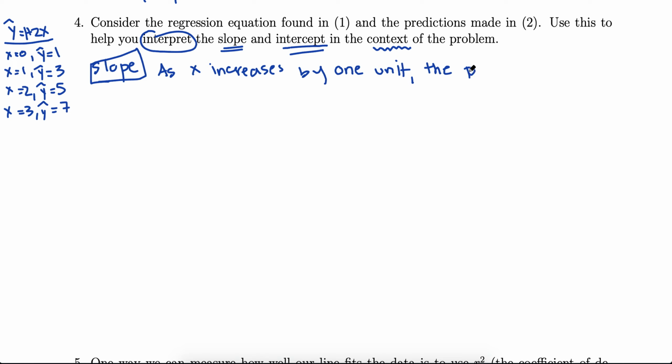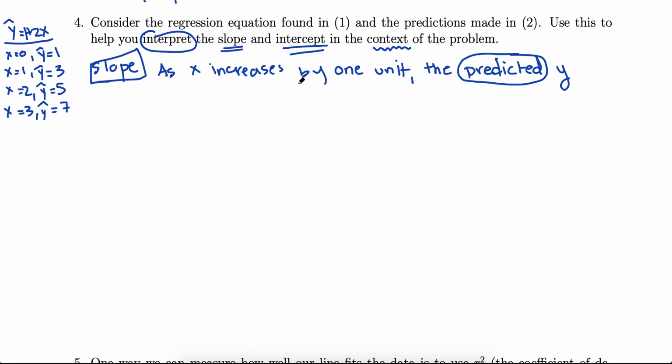The predicted, now it's very important you have predicted here, because we're making a prediction of what's going to happen. It's not necessarily going to happen exactly that way. We're talking about an average or predicted behavior.